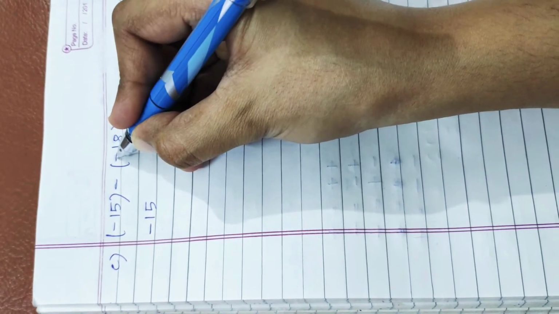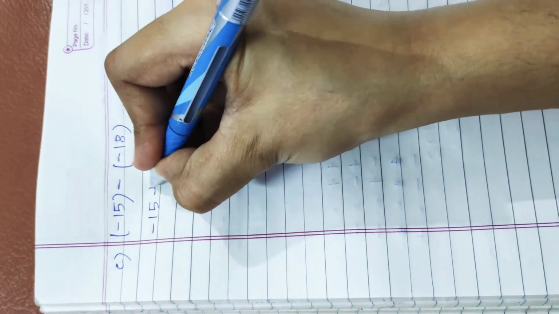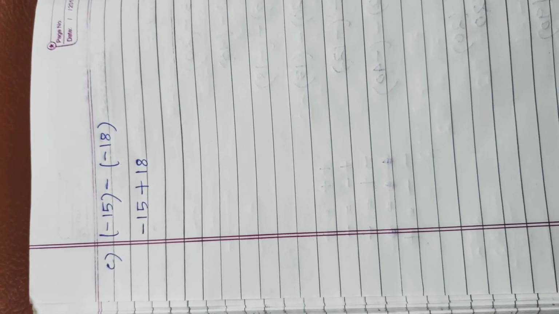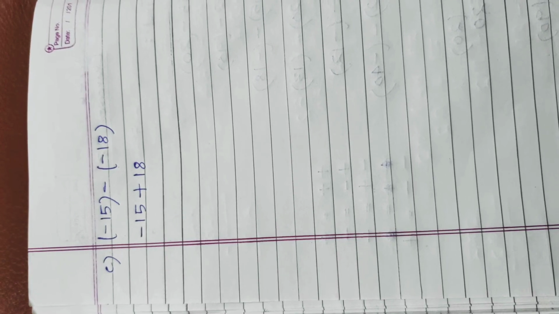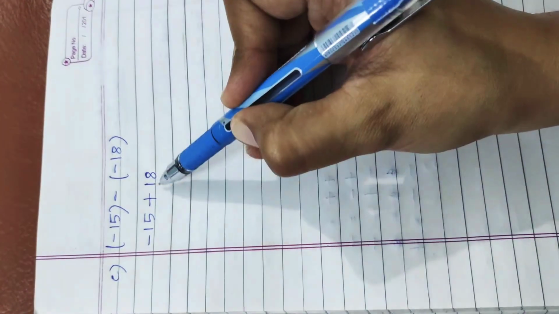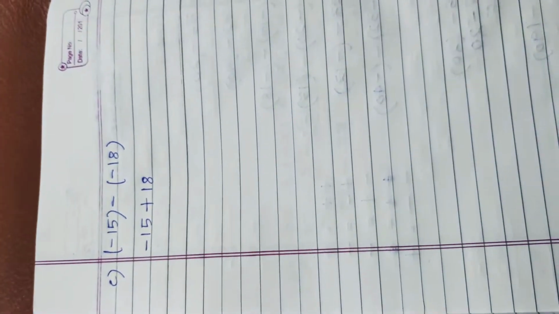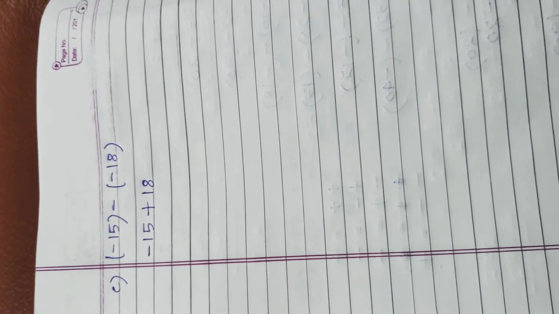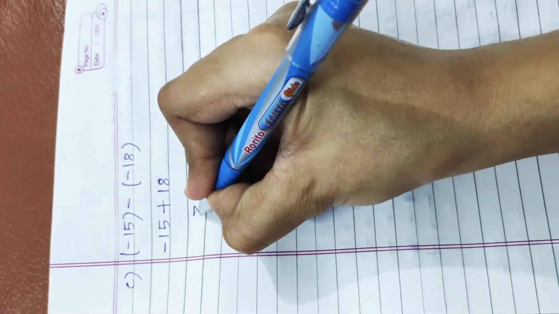Now minus plus is minus. Wait, minus times plus gives minus, so the sign comes over here and we write 18. Now that we have already opened the bracket, it is time to solve them. For solving them, we are going to use the rule again, minus plus plus. It means we are going to subtract these two integers. 18 minus 15. We have to subtract both of them. So our answer will be 3.